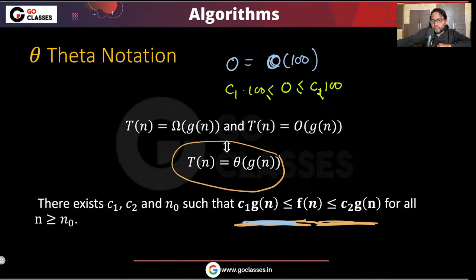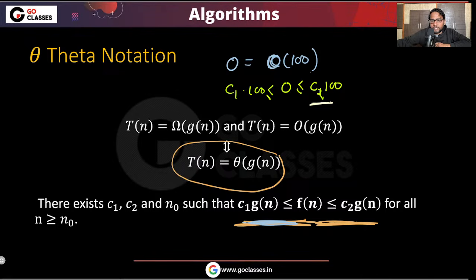The definition of theta says it should be some constant into this. So if they are saying theta, then we should be able to write it, as long as C1 and C2 are greater than 0, for some constants.